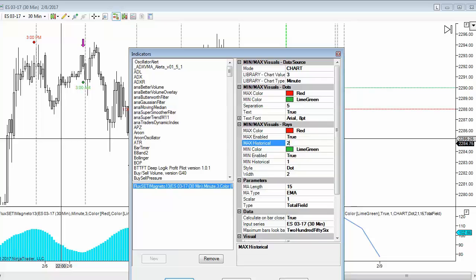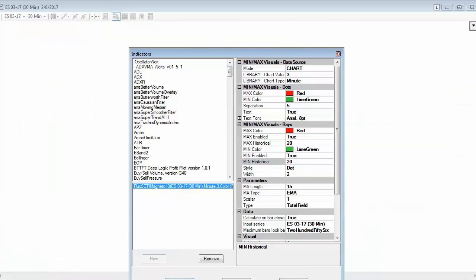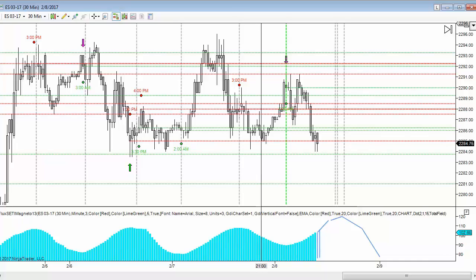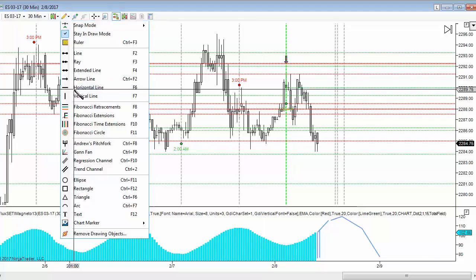Let's put 20 and 20. We used to have and still have daily cycle marker lines on the daily cycle marker chart. Watch what happens when we put magnetic field lines on the chart. Can everyone see where the market has been stopping and hitting? If not, let me help you see it.